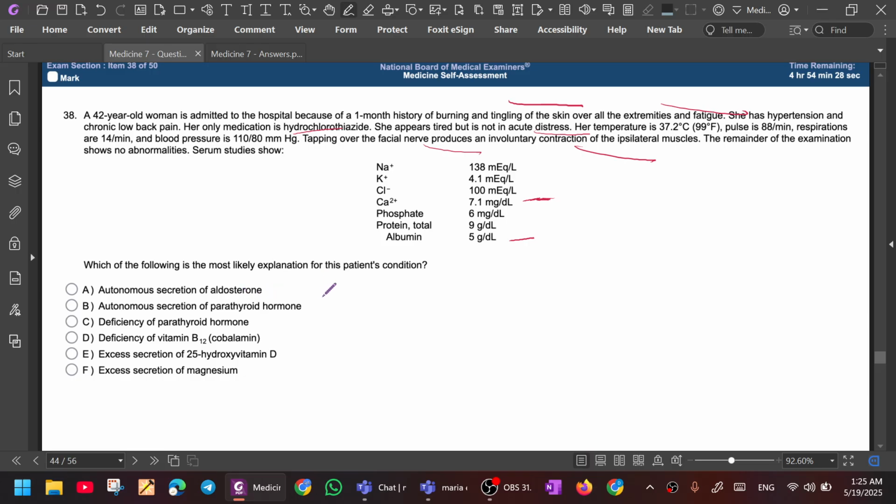Phosphate is high. Total protein is high, and albumin is normal. Which of the following is the most likely explanation for this patient's condition?